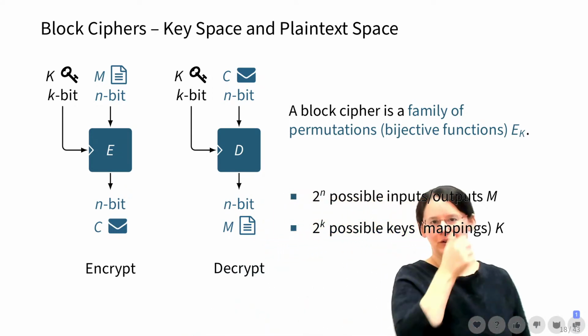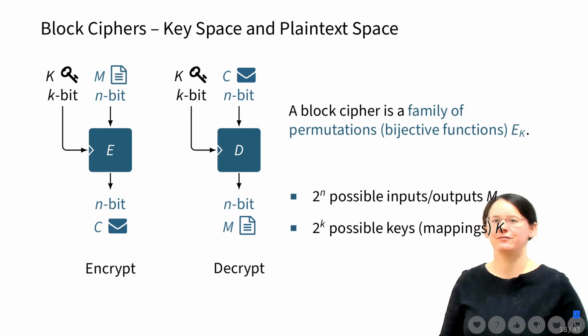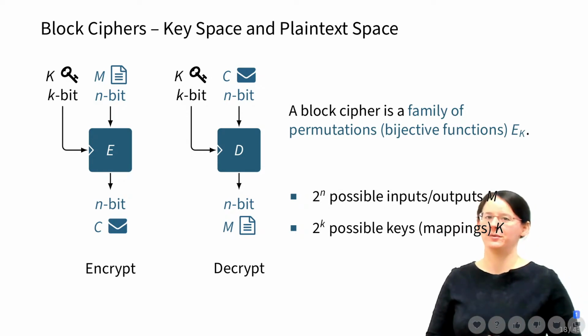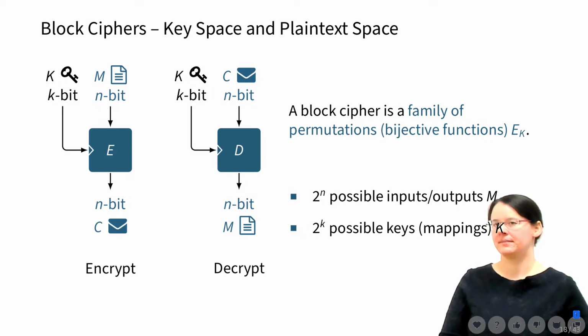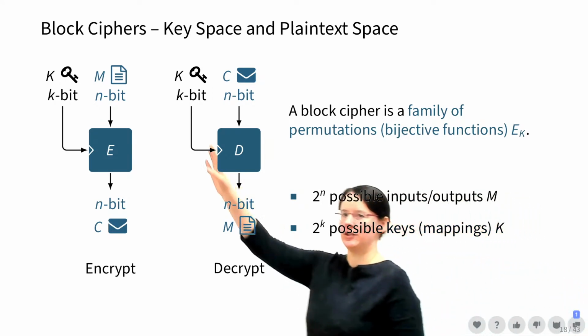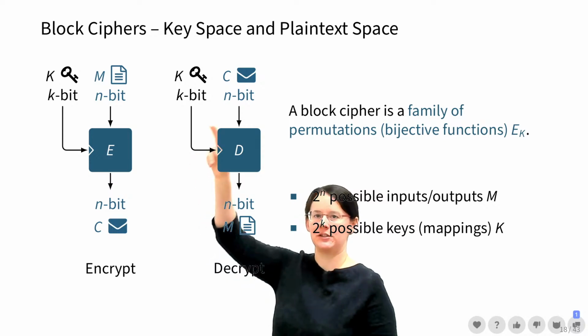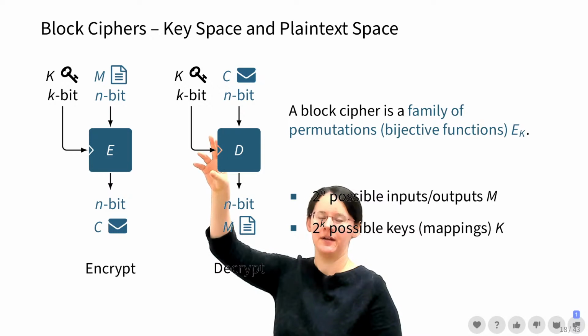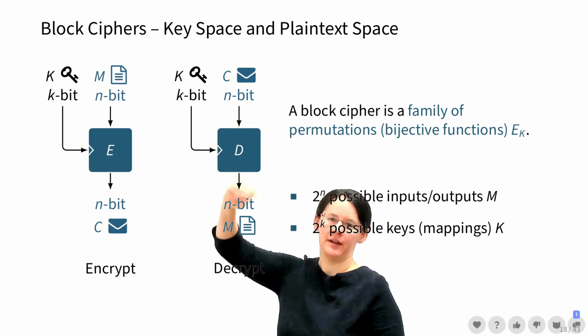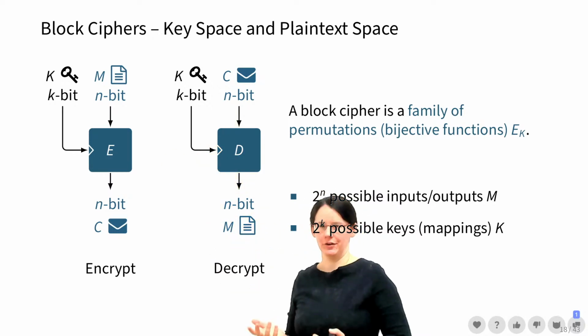So we also like to say that a block cipher defines a family of permutations. So a family of functions. What do we mean by that? We mean that each value of the key actually picks one specific such bijective function, or defines it, which we can use to go back and forth. But every other key also defines a different one.